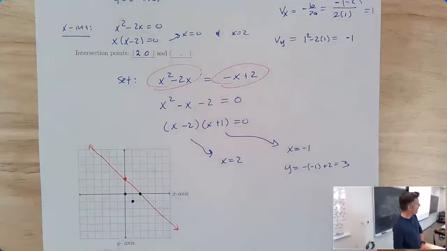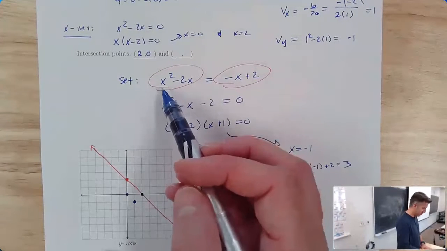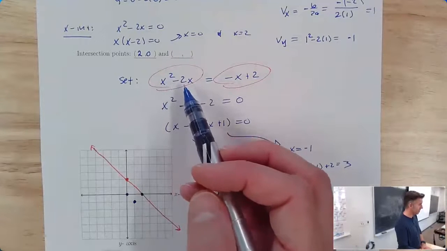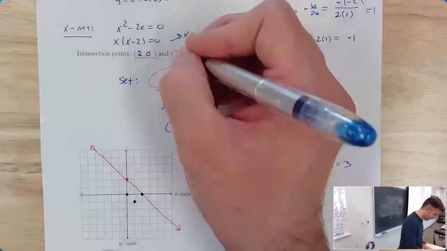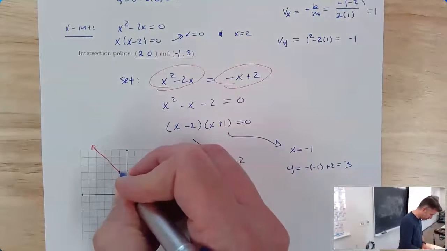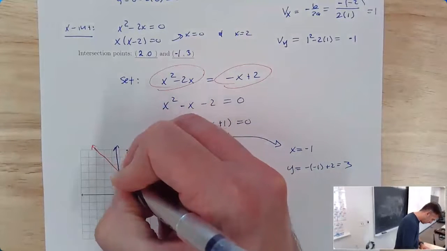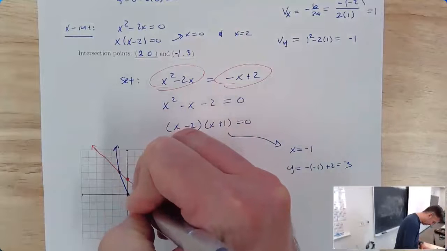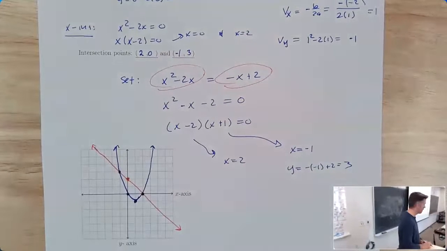And just to check, if you really wanted to, although you don't have to, plug in negative 1 here: negative 1 squared is 1, minus 2 times negative 1 is plus 2, which is 3. So our other intersection point is the point x is negative 1, y is positive 3, which is right about there. And then we can draw our parabola as best we can. Do your best, it doesn't have to be perfect. Ta-da.